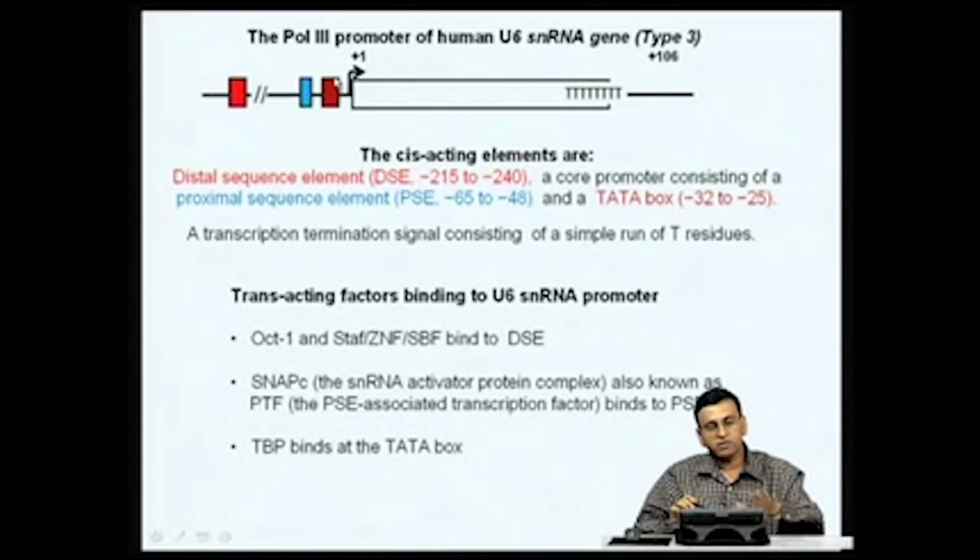So, these are the major transacting factors which interact with the cis-acting elements of the human U6 snRNA gene, where the promoter is extragenic, whereas in the case of the 5S rRNA gene you have TF3A, TF3B and TF3C, and in the case of tRNA genes it is TF3B and TF3C. So, these are the cis-acting elements and transacting factors involved in the regulation of Pol III transcription.